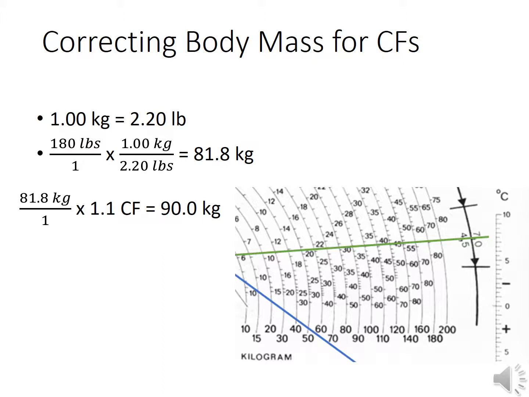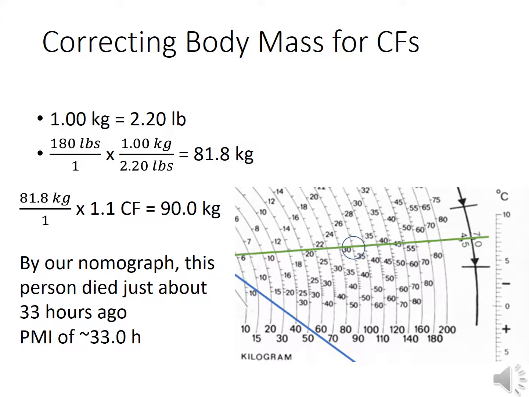So it makes a big difference, about 4 hours difference there. I won't give that kind of tolerance, and you'll likely in a multiple choice type setting have that option. So just be careful. Make sure you remember to check for corrective factors, and if that body is found in any state other than naked and still air, make sure to multiply the body mass in kilograms by the correct corrective factor. Okay, so again, by our nomogram, this person appears to have died just about 33 hours ago.